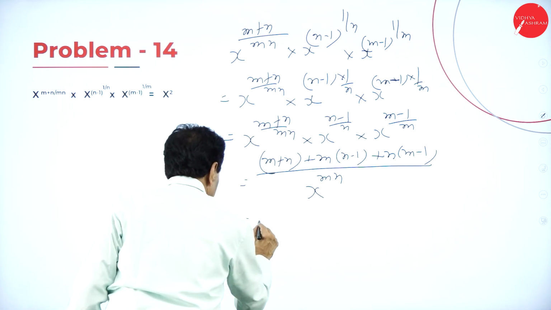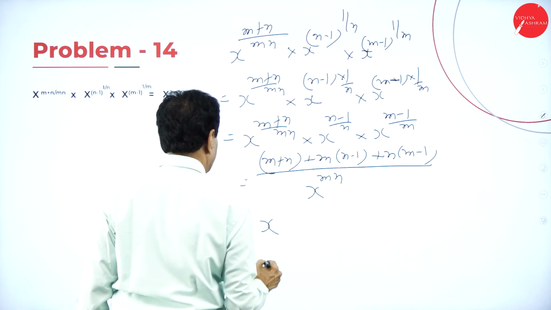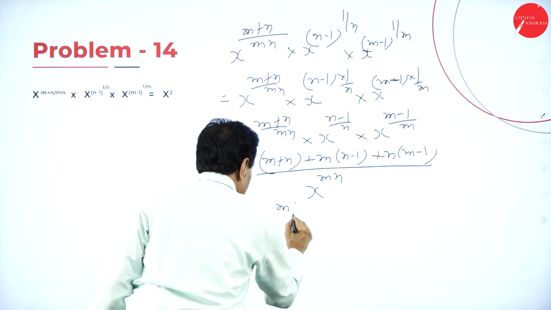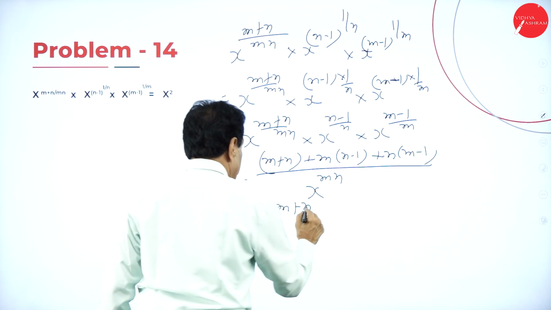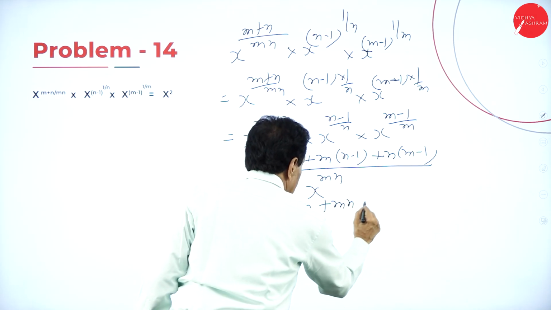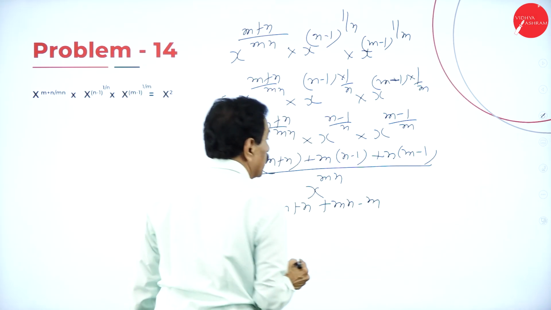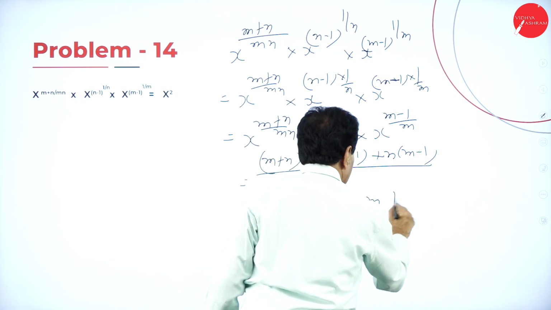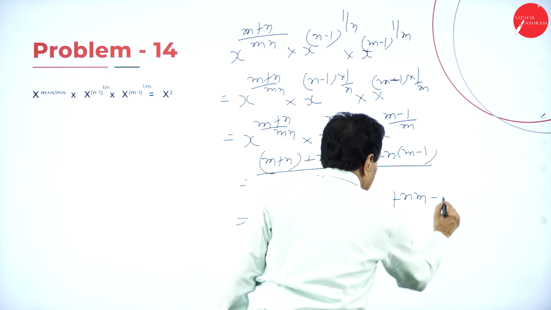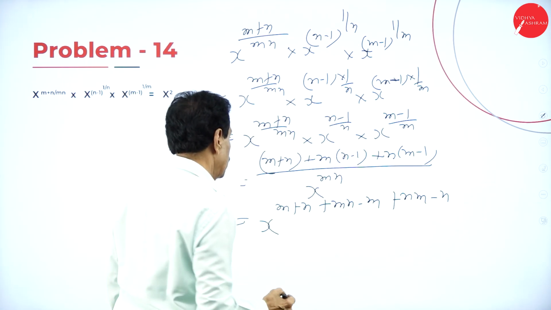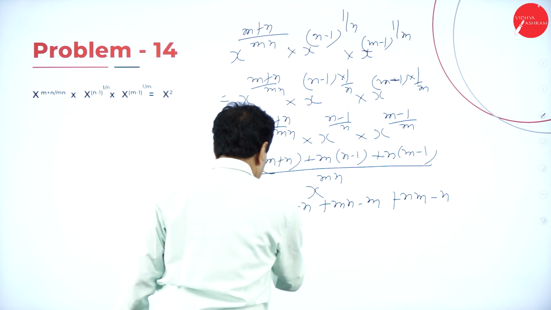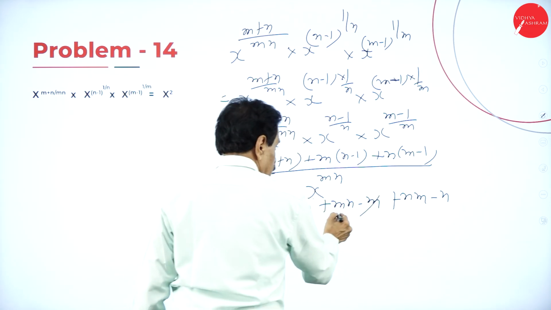This is x to the power of m plus n, plus mn, plus m, plus n, nm minus m.